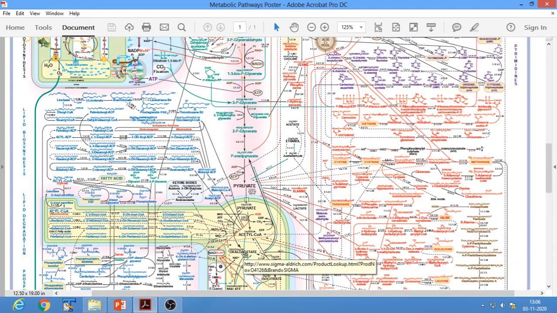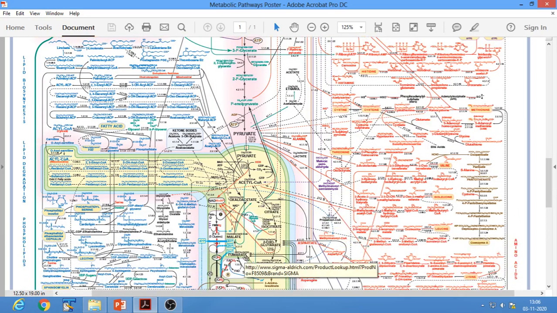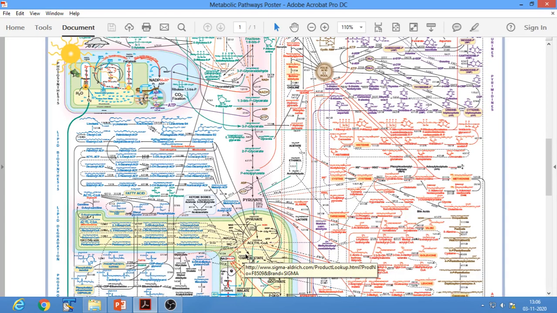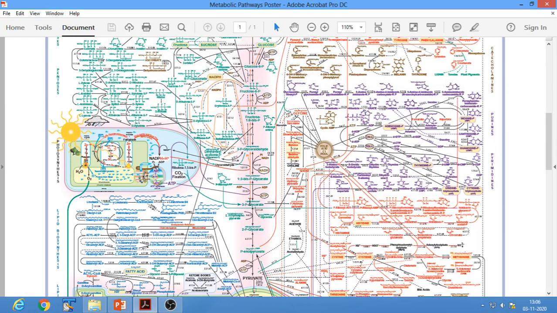Usually this is taught first because if you see the entire metabolic network, it appears to be central in position, and every other metabolic pathway is somehow related to this central metabolic pathway.